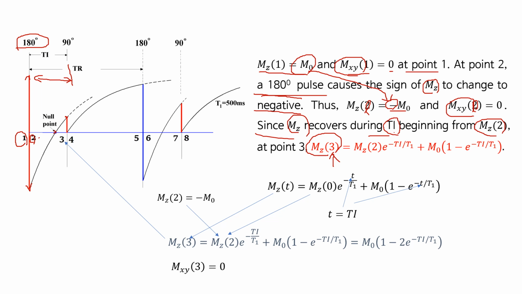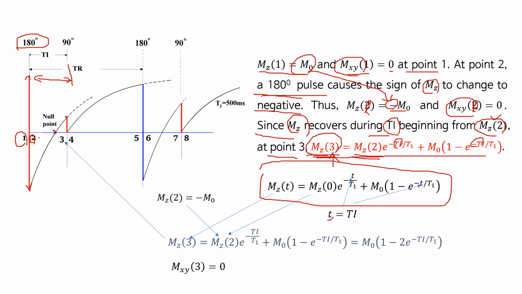So the Mz3 will become this equation, starting from Mz2, and the recovering time is TI. So we have this equation. Okay, so that is the equation we used, and T equals TI, or Mz is Mz2. So Mz2 is minus M0.